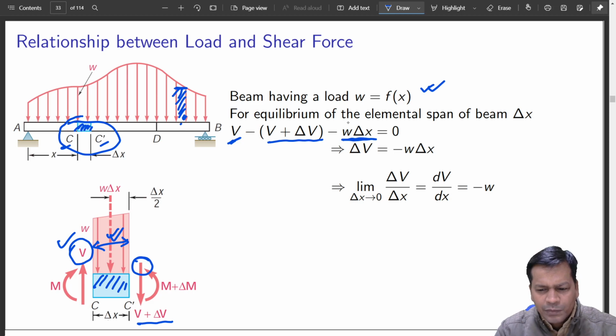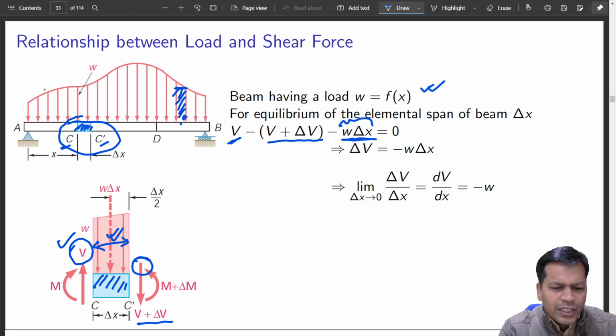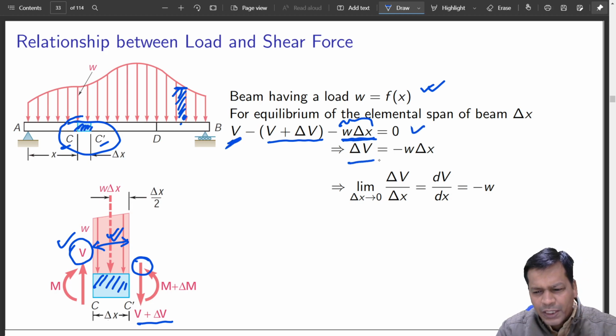This is the assumption that we have made: for a very small distance the variation is negligible, and we can directly find it as W into delta x. So that is what is done here. Total load acting downward should be equal to load coming outward, and that is equal to 0, and that turns out to be delta V. The change in this vertical force is only because of the external load at this section.